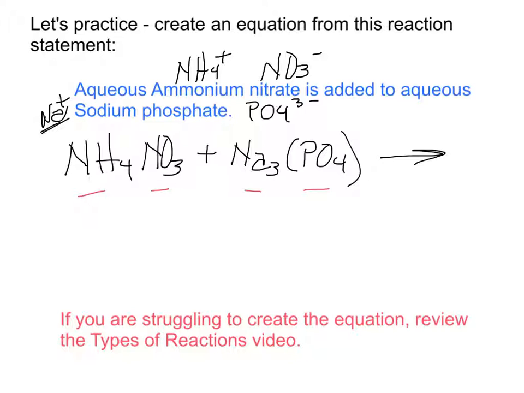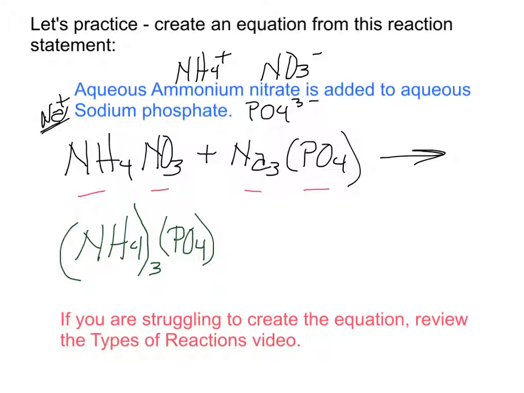So when I write this, I'm going to take my ammonium, and it's going to attach itself to the phosphate. Now the charges, as always, have to remain the same. We know the phosphate has a -3 charge. We know the ammonium has a + charge, so I'm going to need 3 of those there.